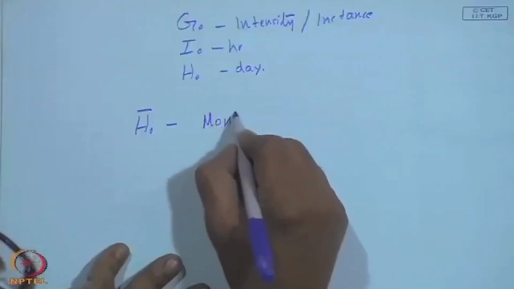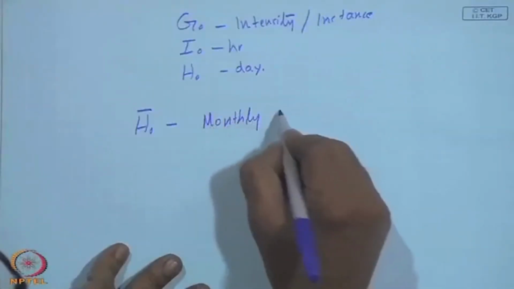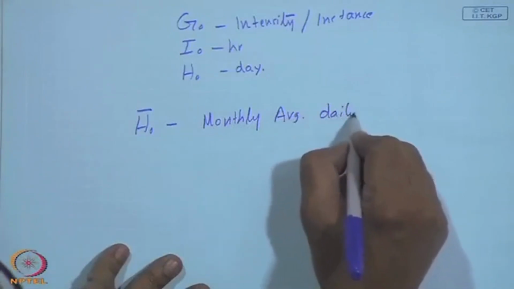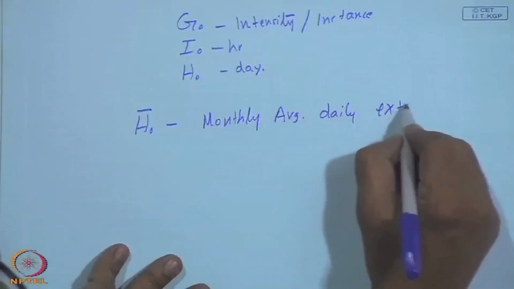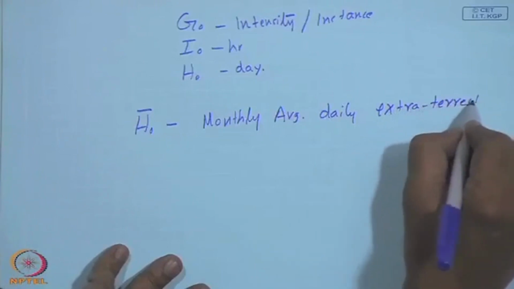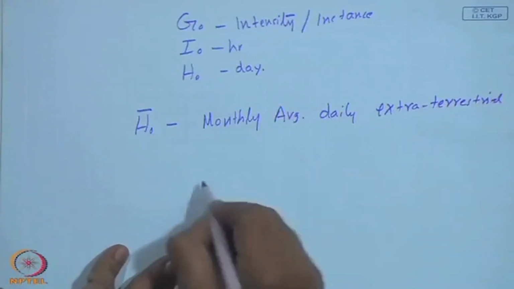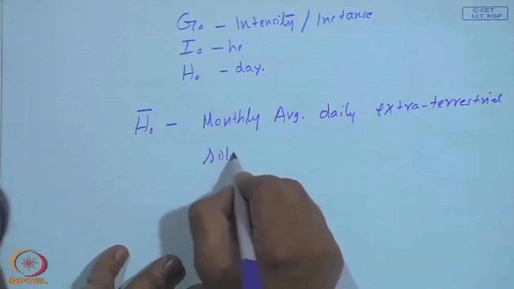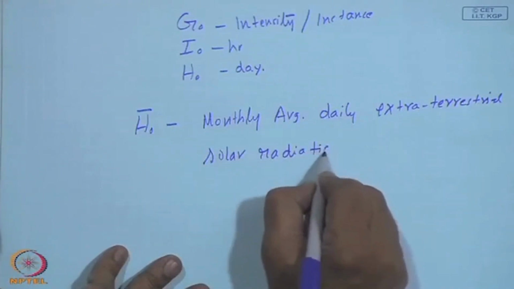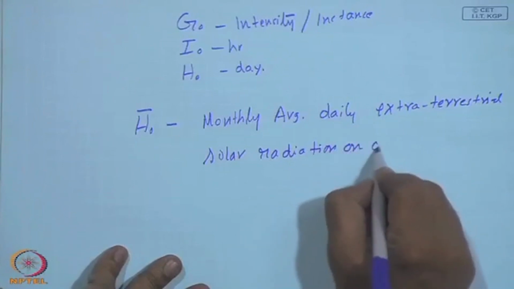This is monthly average, daily, extraterrestrial, if you want even solar radiation on a horizontal surface.